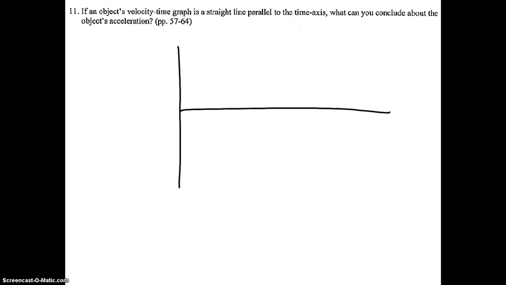Okay, and we'll put the velocity in meters per second on the y-axis, and our time in seconds will go on the x-axis. And this would be, of course, a velocity of 0. We'll mark off a few increments here: +1, +2, +3.